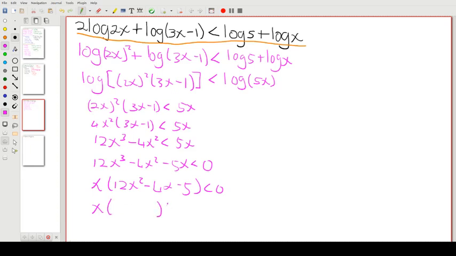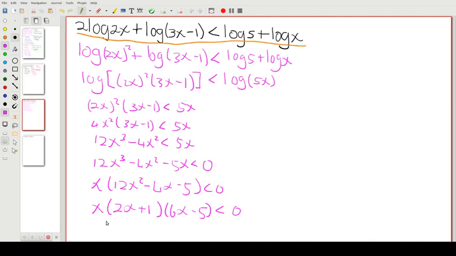So we'll have our two brackets, still less than 0, and if we factorize this, I'm not going to go over all the factorizing again, but what we will get is 2x plus 1 in this bracket, and 6x minus 5 in this one. We'll see that works out: 2x times 6x is 12x squared, and that gives us negative 10x plus 6x, which is negative 4x, and 1 times negative 5 is negative 5. So there we have it.